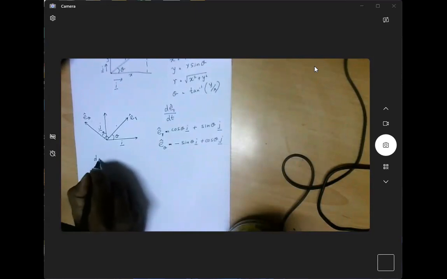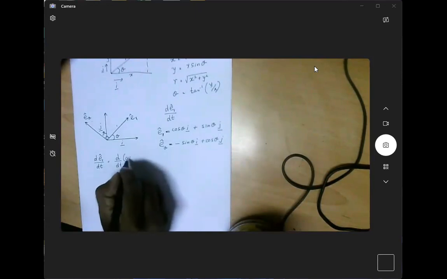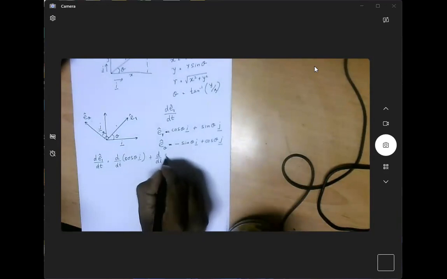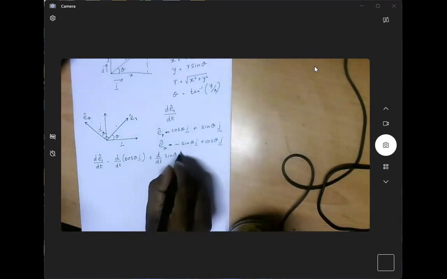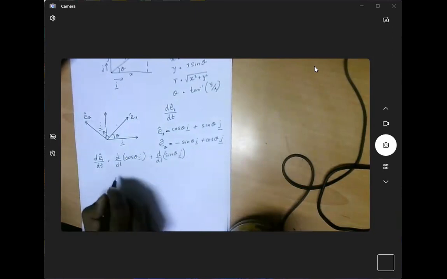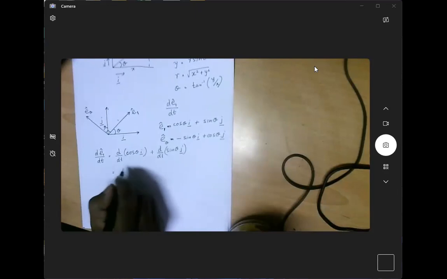So d e_r over dt, we can write as d over dt of cos theta i plus d over dt of sin theta j. When you do the differentiation, what should you get?